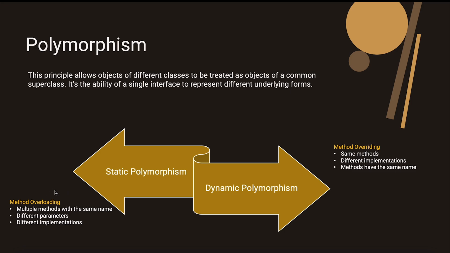What is method overloading? It means that we have 2 methods of the same name. Let's say we have a method called display. So we would have 2 methods with the same name but with different parameters.